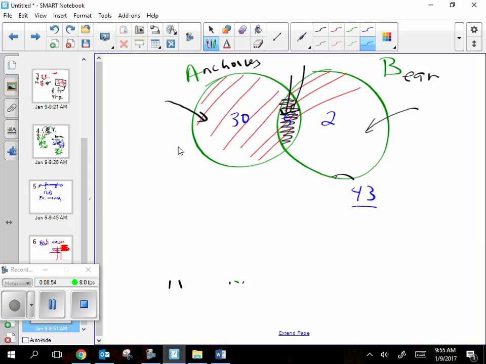Then my question for you is, here's a complicated one, probability of anchovies intersected with, well, I'll start with a fairly simple one. Probability of anchovies intersected with bear.